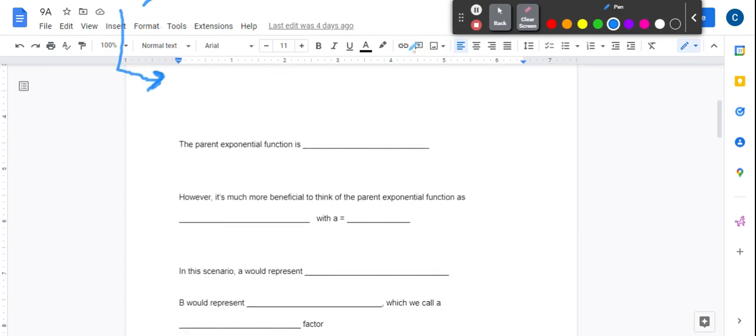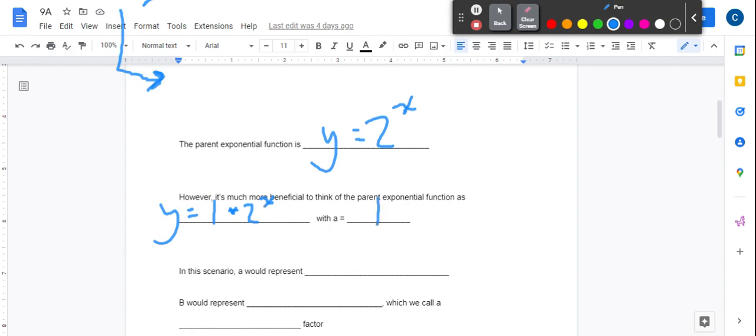Okay, the parent exponential function is y equals 2 to the x power. So that's the parent exponential function. However, I don't like the way it's written like that. I really like to write it as y equals 1 times 2 to the x power, with our a value being equal to 1.